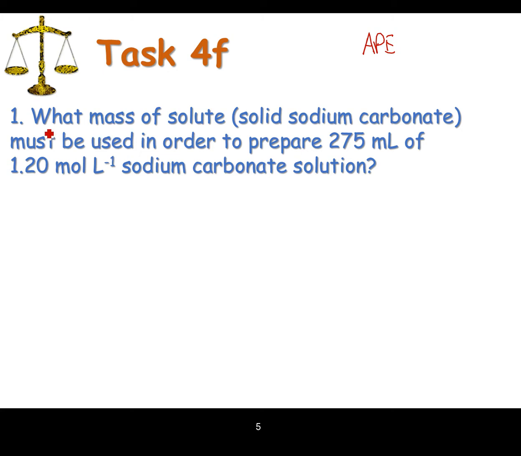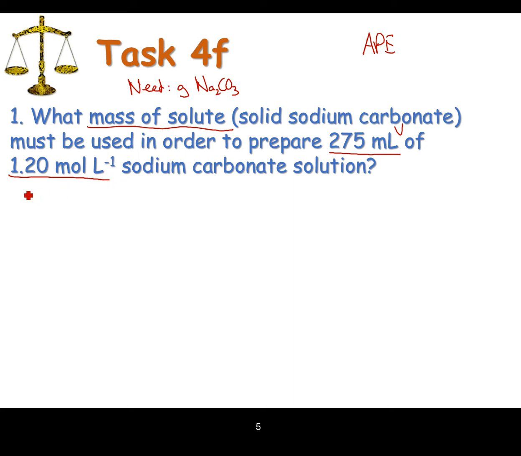First off, we want to know what mass of solute. We need to know how many grams of the solute, in this case solid sodium carbonate, Na2CO3, must be used in order to prepare 275 milliliters, which is a volume, of a 1.20 mole per liter sodium carbonate solution.